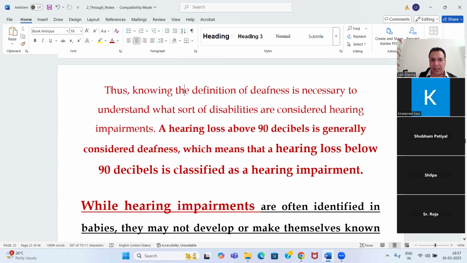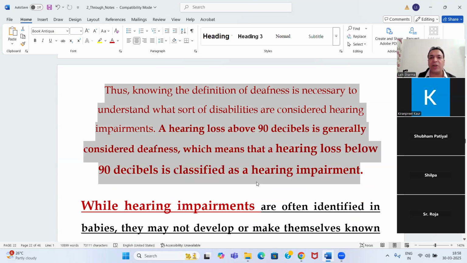So thus, ये देखिए, knowing the definition of deafness is necessary to understand what sort of disability is considered hearing impairment. A hearing loss above 90 decibel is generally considered deafness, which means that a hearing loss below 90 decibel is classified as a hearing impairment. If any student in your class has a hearing impairment, then it is your duty to solve that particular problem.